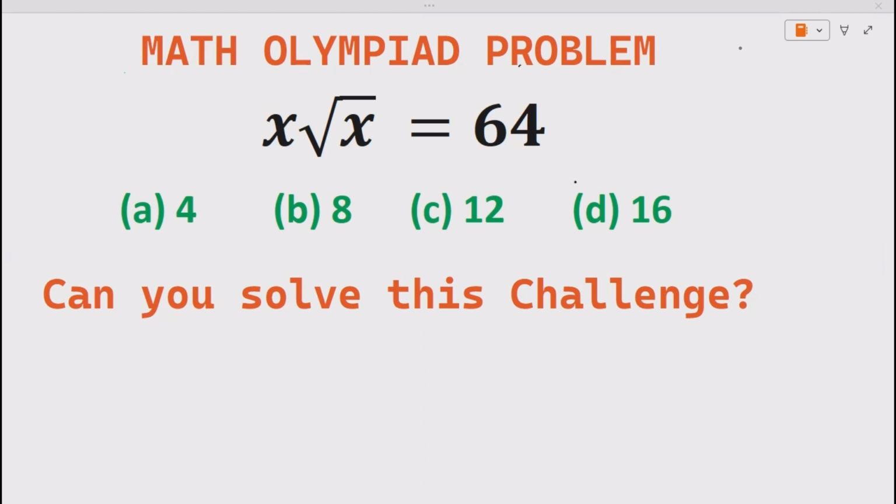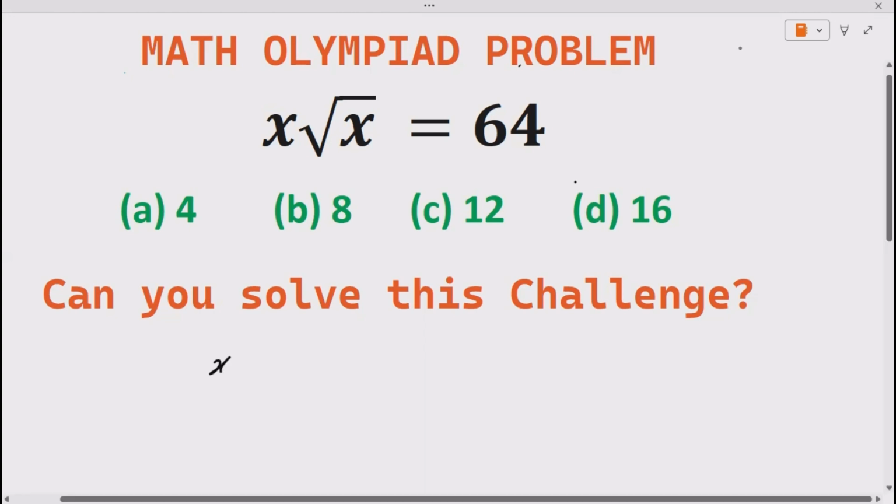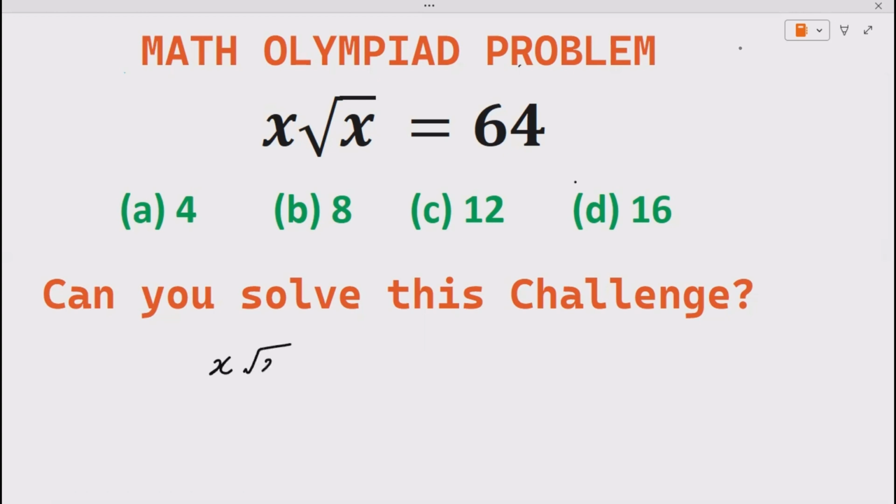Now let's see how to solve this elegant problem. We are given x multiplying with under root x. You can see that between x and under root x there is no sign. It means there is a sign of multiplication in between, because this concept is called implied multiplication: if you are not given any sign between two variables, it means they are multiplying.